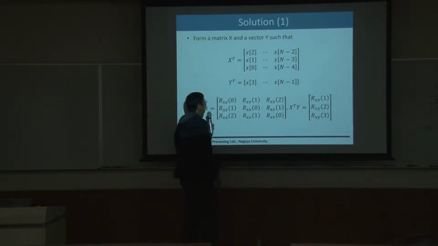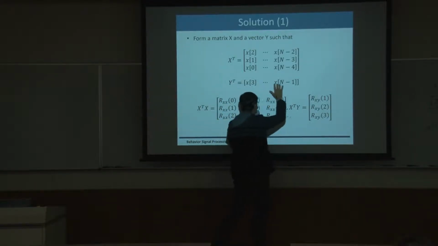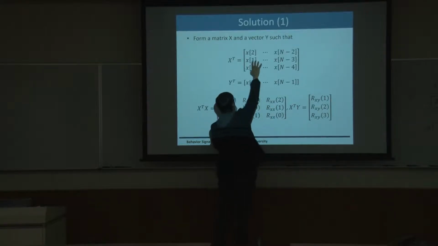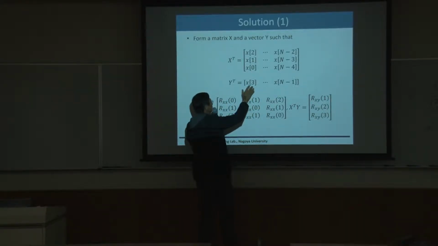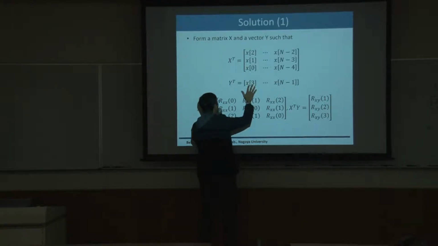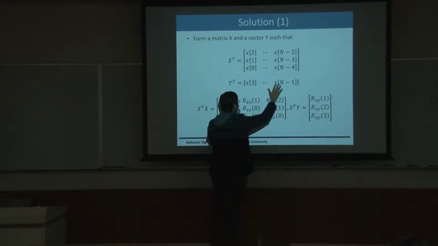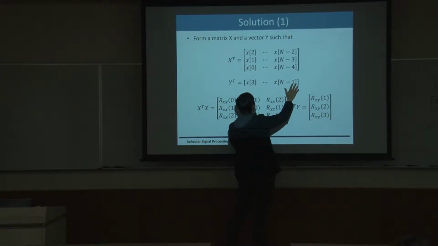And this is the matrix that we have to have for the right-hand side of the equation, X. And for the left-hand side of the equation, we are going to have yt, that is the value that should be predicted from these 3 samples. In this case, 3, because the third sample should be predicted from the 0, 1, 2 data. Then 3, 4, 5, 6, 7, and so on up to n minus 1.